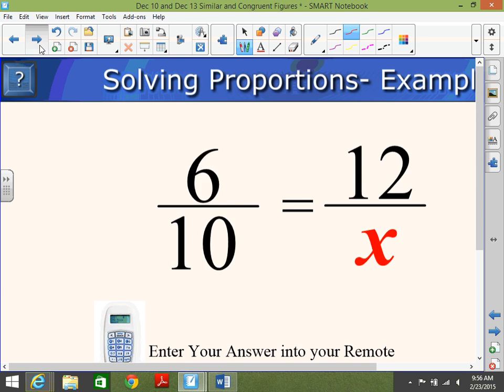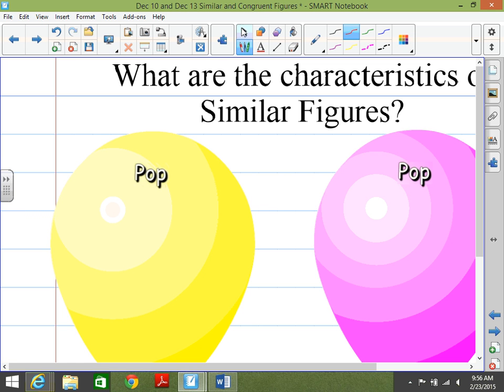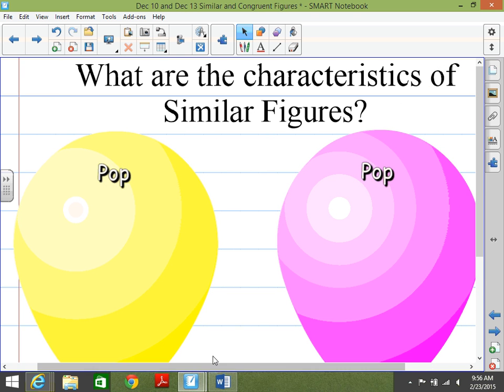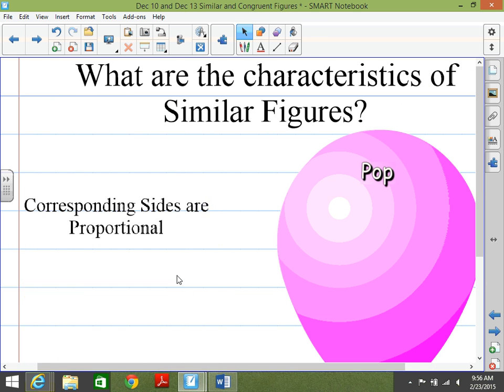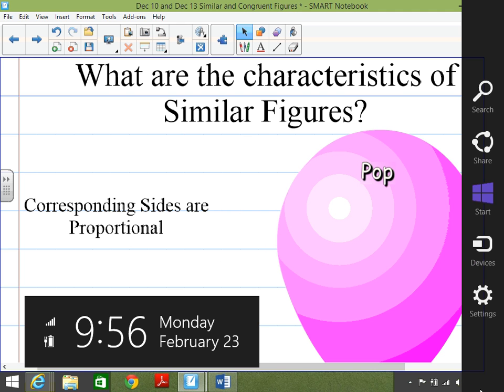Okay, excellent. All right, now, you see the word similar figure on your paper where you wrote same shape? Now I want you to write this. Corresponding sides are proportional. The little bullet point. Corresponding sides are proportional. So for similar figures, the corresponding sides are proportional.